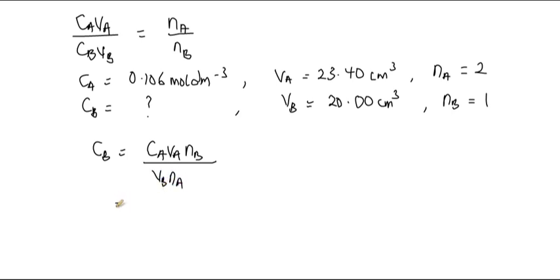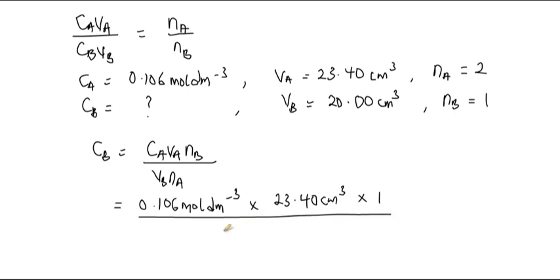We have Ca to be 0.106 mole per dm³ multiplied by Va 23.40 cm³ multiplied by Nb, which is 1, divided by Vb as 20.00 cm³ multiplied by Na, which is 2.